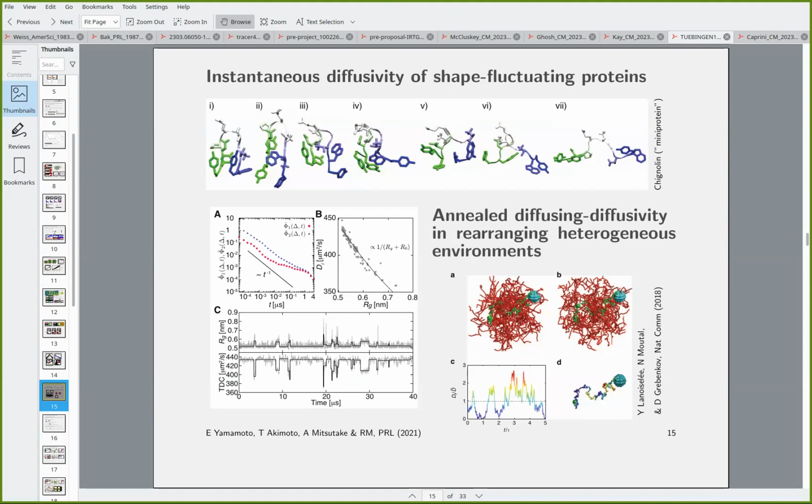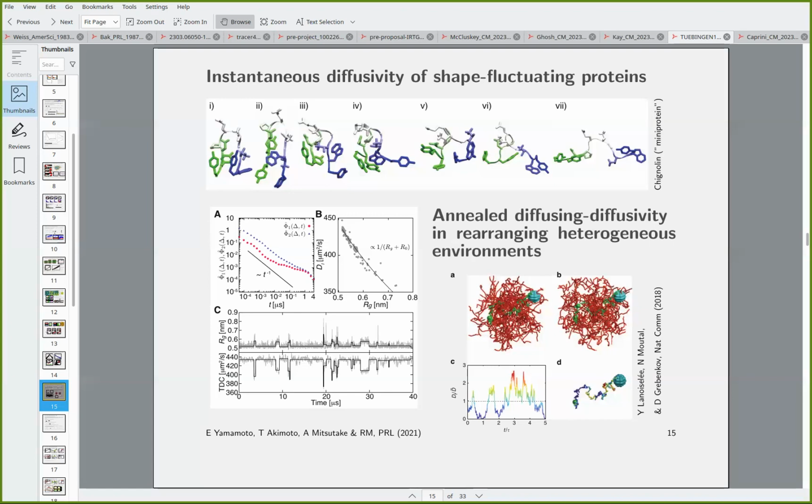And when we look at the time local diffusion exponents, to the top we have the gyration radius, to the bottom we have the diffusion coefficient, then you see that they're perfectly anti-correlated. The bigger it is, the slower it is. So here we have an example how we can easily understand a stochastic diffusion coefficient. As function of time, the diffusivity varies stochastically.